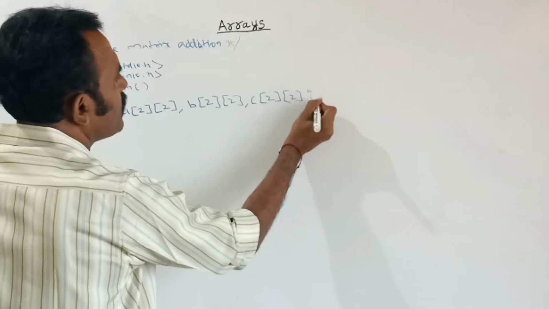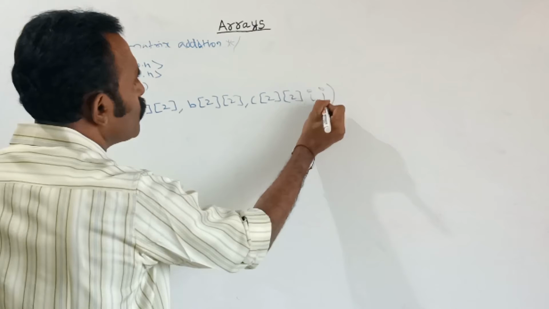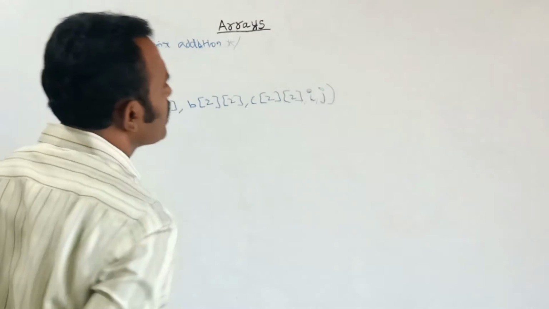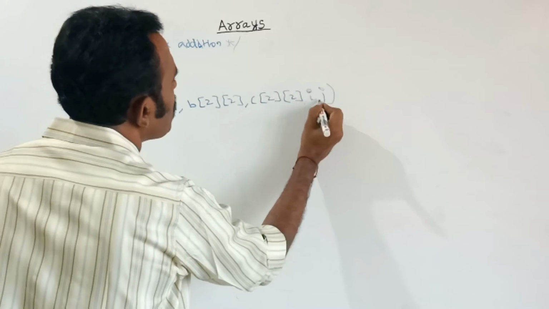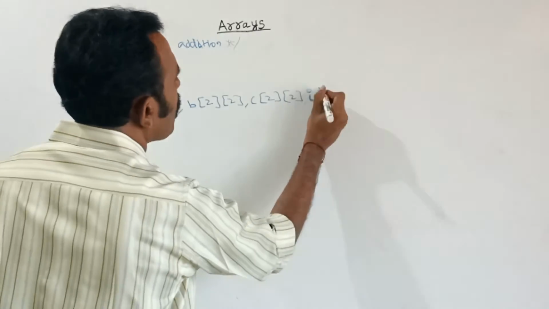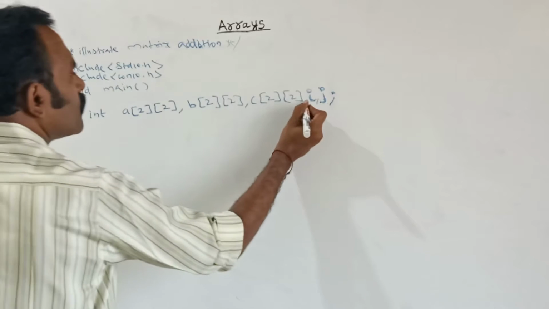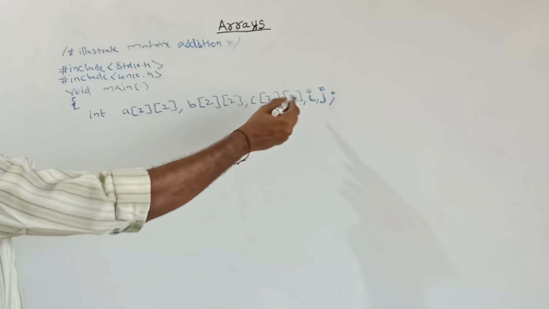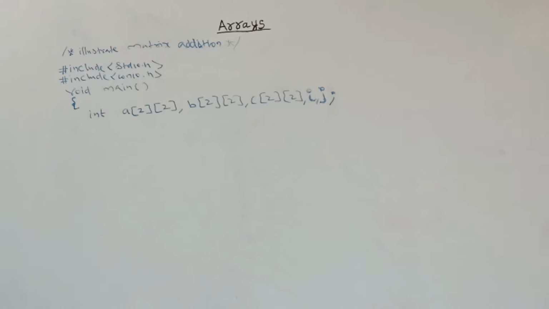Next I and J, this is for the for loop. First I is used for the outer loop and J is used for the inner loop. Totally how many variables? 1, 2, 3, 4 and 5 variables I have declared here.